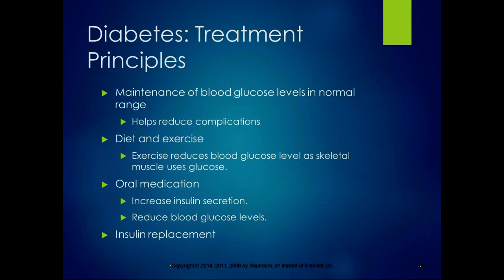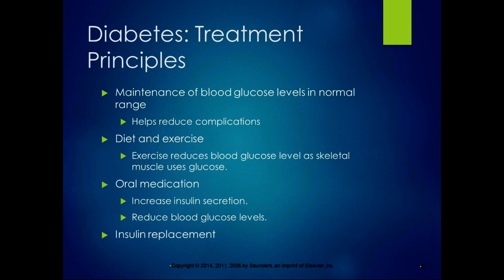So the treatment principles for diabetes, the medical and other treatments: maintenance of blood glucose levels in a normal range helps reduce complications because you're not getting those highs and lows, you're not getting the stress on your system. Diet and exercise.